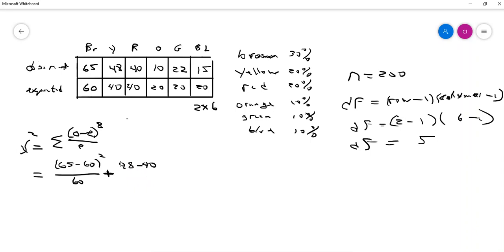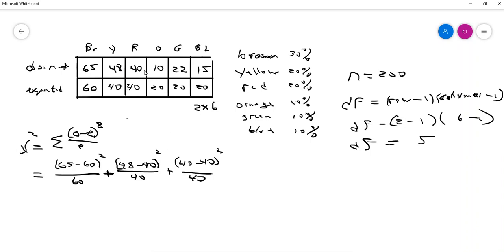I'm getting these numbers from comparing this to this here, this to this here.